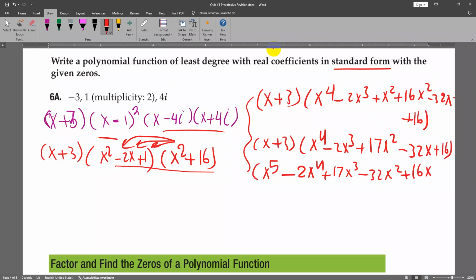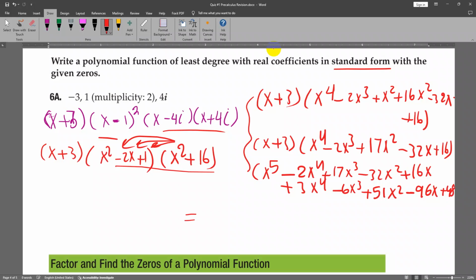Let's start multiplying by 3, so it will be plus 3x power 4 minus 6x power 3 plus 51x power 2 minus 96x plus 48.